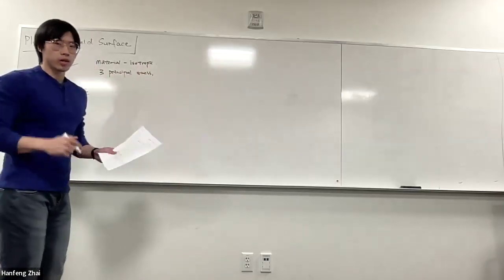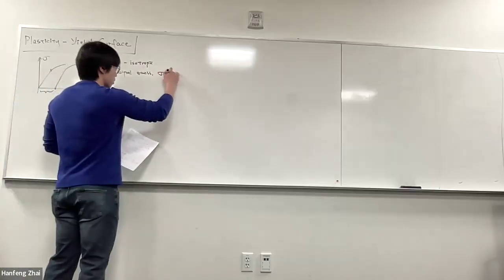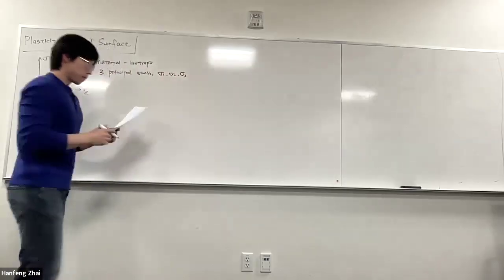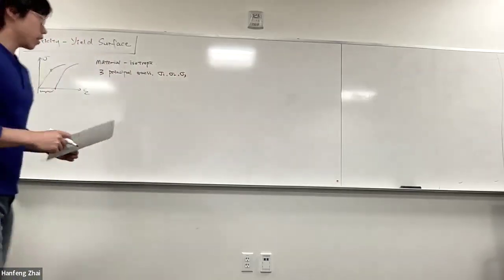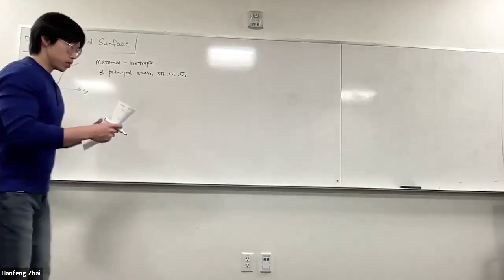Here we use sigma 1, sigma 2, and sigma 3 to denote the principal stress components. And the yield surface is a function whose variables are the three principal stresses.